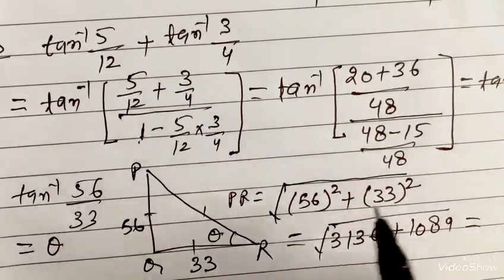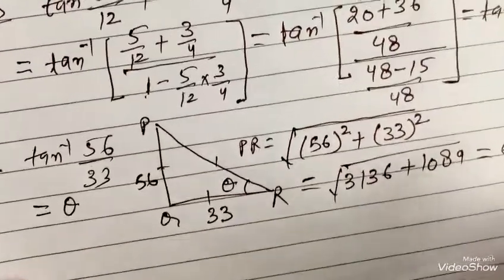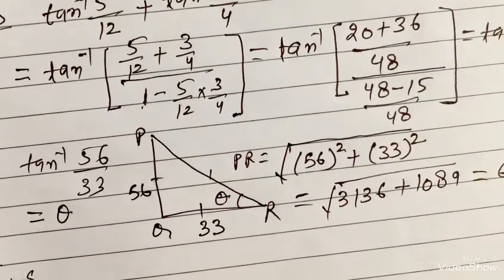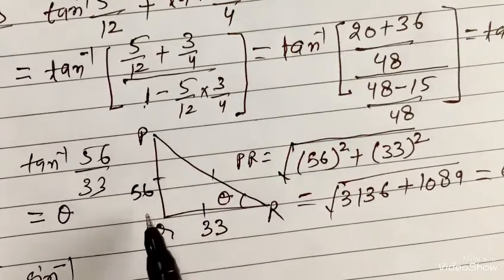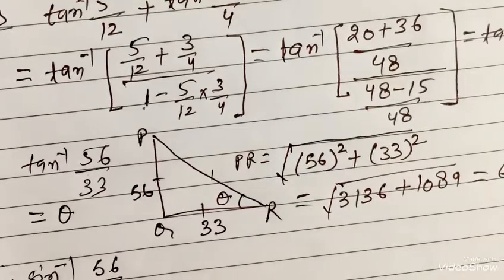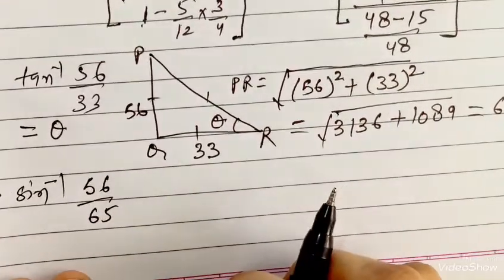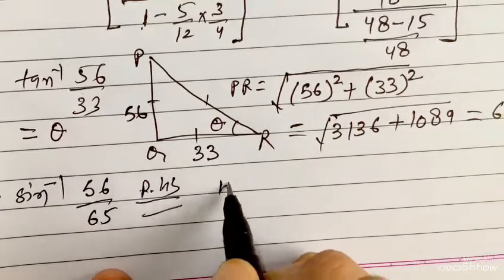So it is the square root, 65. Now find sin inverse. So from here sin theta will be 56 by 65. Okay student, so it is right hand side, hence proof.